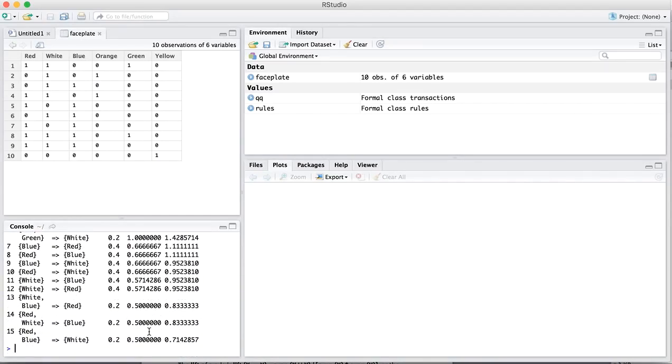If you plot this, depending on how the plot is, it may be very useful to read that. So plot rules, method equals graph, control equals list, type equals itemsets.